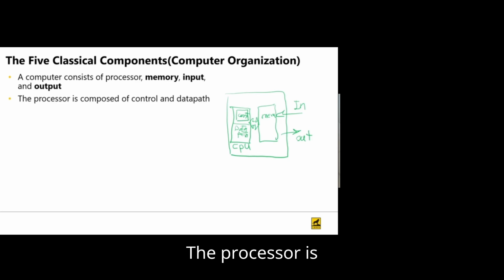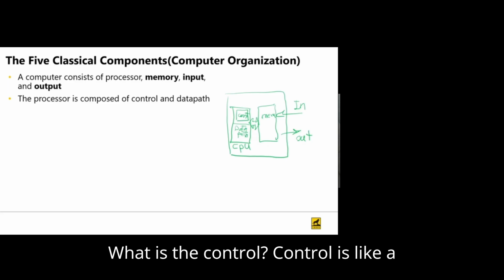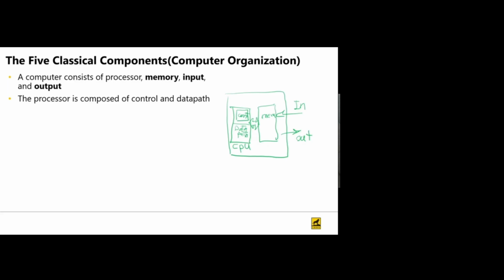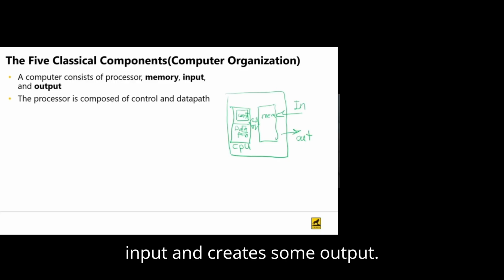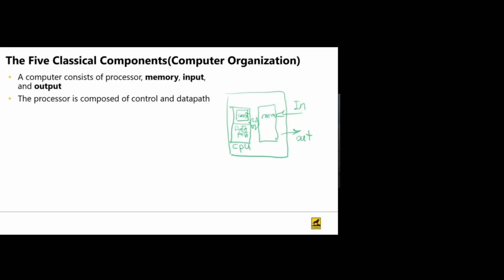The processor is actually composed of control and data path. What is the control? Control is like a logic board as well. It's like a sequential logic or combinational logic. Most of the time, combinational logic that has some input and creates some output.